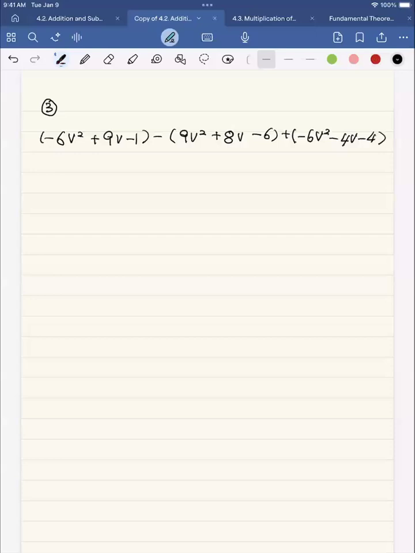In this algebraic expression, we have degree 2 polynomial because this is the highest degree, and this is the highest degree, and this is the highest degree in the third parenthesis. So degree is 2. Degree 2 polynomial.